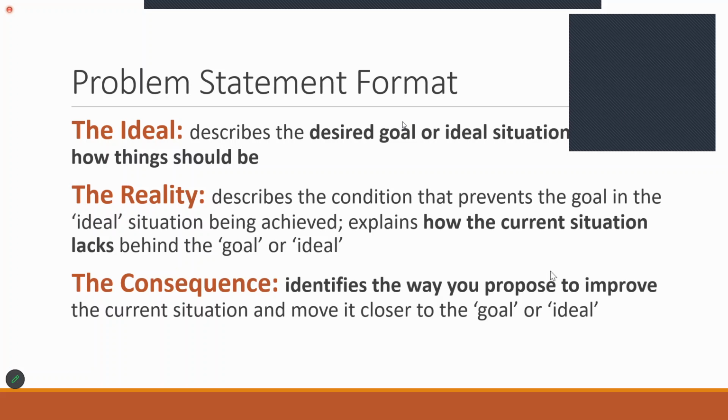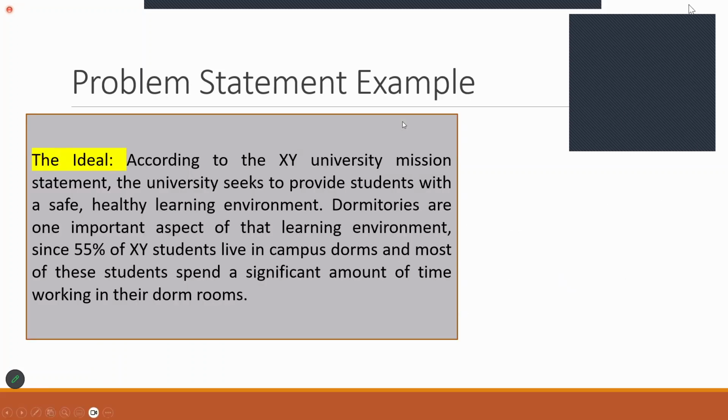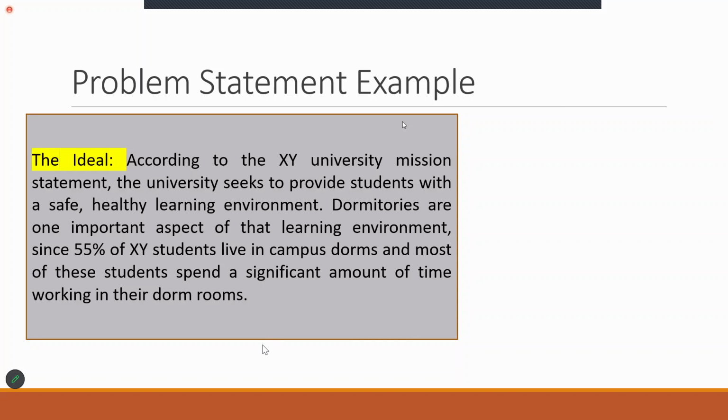Now I'll take a small example and further explain developing the problem statement. For the ideal situation, we have taken an example from a particular university. According to the XY University mission statement, the university seeks to provide students with a safe, healthy learning environment.